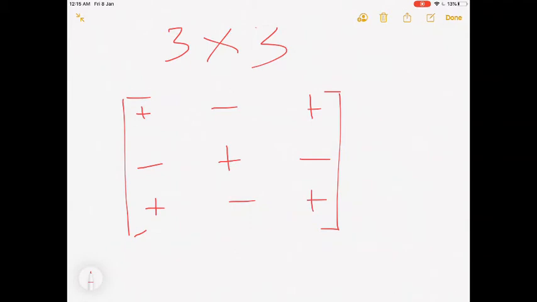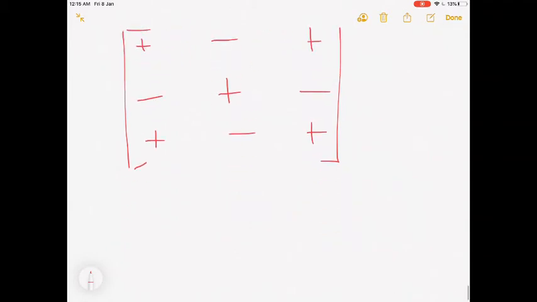Now, if you can reproduce this and you have any 3 by 3 matrix like 2, 3, 4, 5, 2, 3, 4, 2, 1, and we are required to find the determinant, what you need to do is take any row of your choice. Usually you take the row that will make your work as easy as possible.